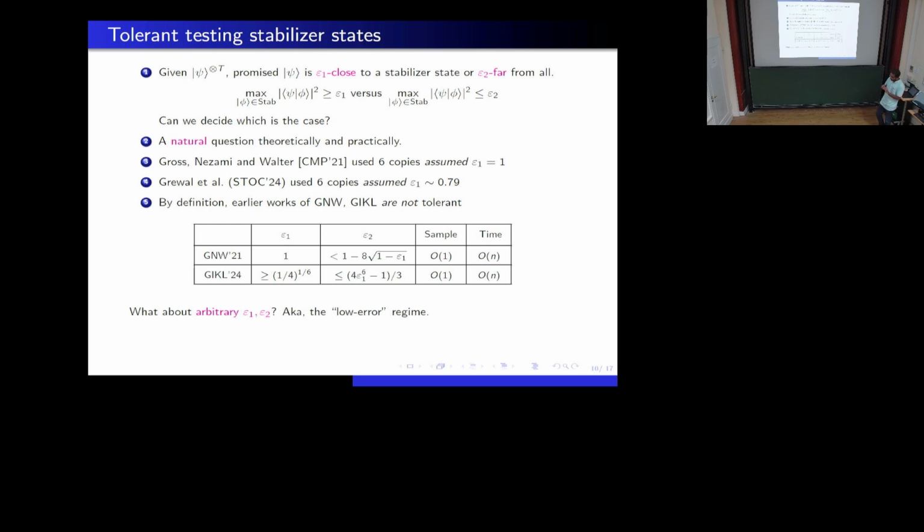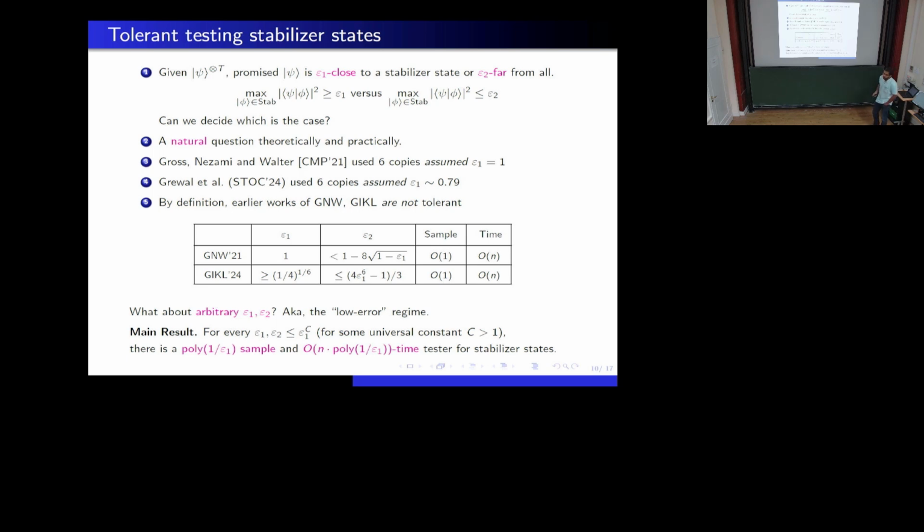If you slightly add 1 T-gate to a stabilizer state, this is known to be as hard as learning parities with noise. But using results very inspired by classical TCS, one thing we were able to show is a constant, n-independent sample and polynomial time algorithm for tolerant testing stabilizer states.